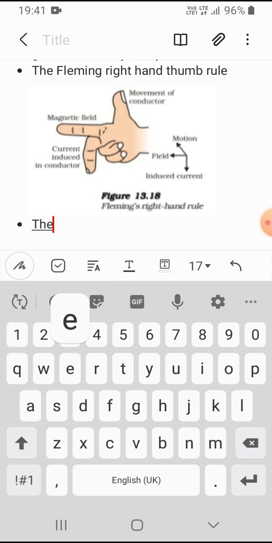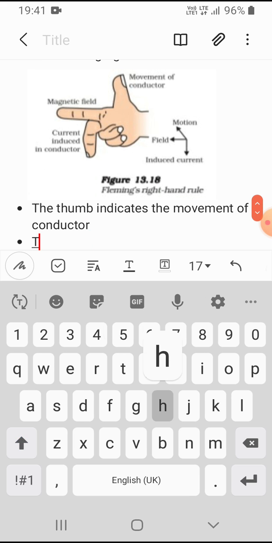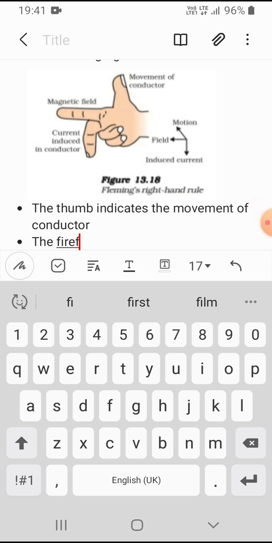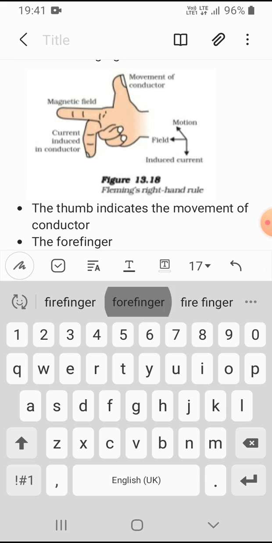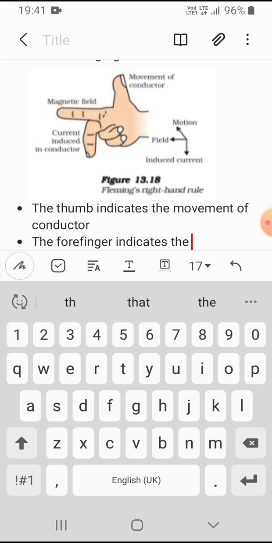The thumb indicates the movement of the conductor, and the forefinger indicates the magnetic field.